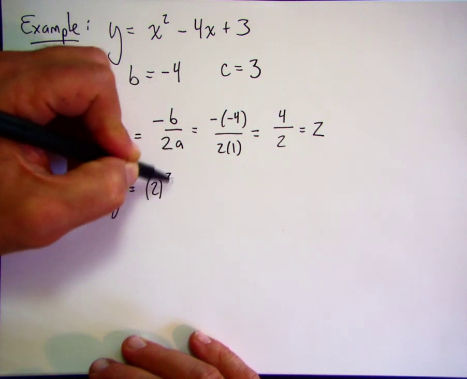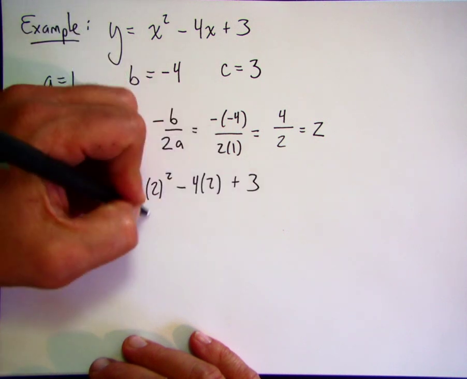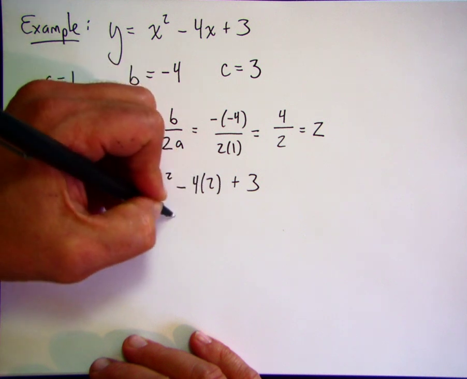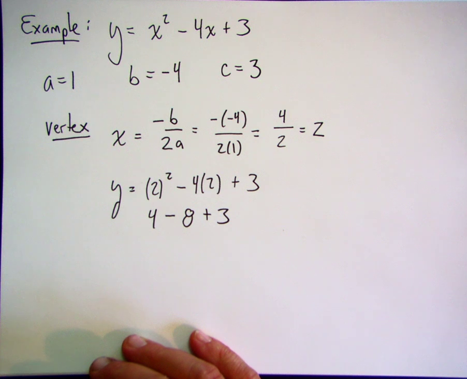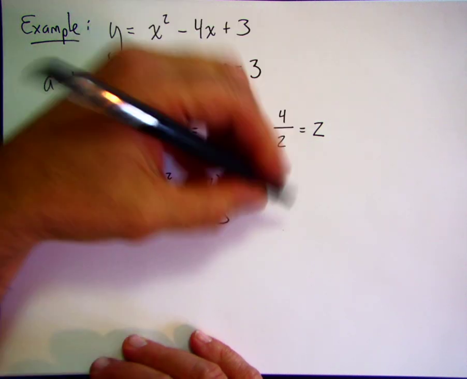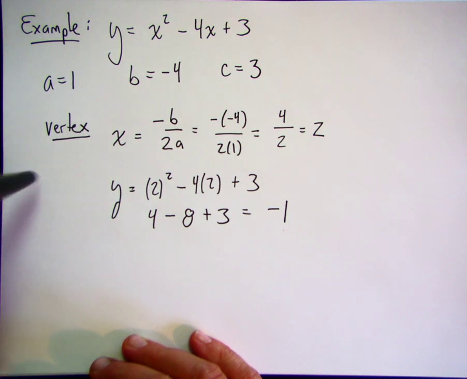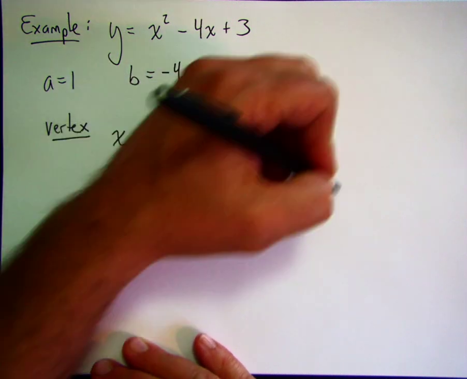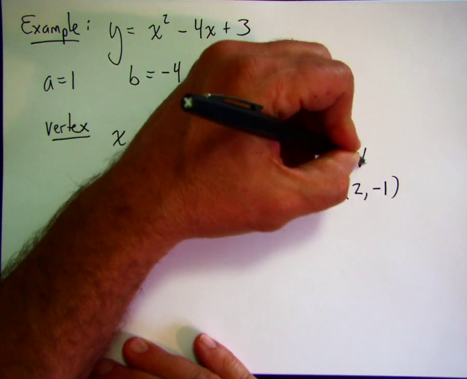So that's 2 squared minus 4 times 2 plus 3. 2 squared is 4, and 4 times 2 is 8, but it's a minus times a positive, so that's a negative 8, and a positive 3. 4 minus 8 is minus 4, plus 3 is minus 1. Let me make sure, I'm going to do it on my calculator real quick. 4 minus 8 plus 3 is minus 1. Excellent. So the vertex is the point 2, comma, minus 1.